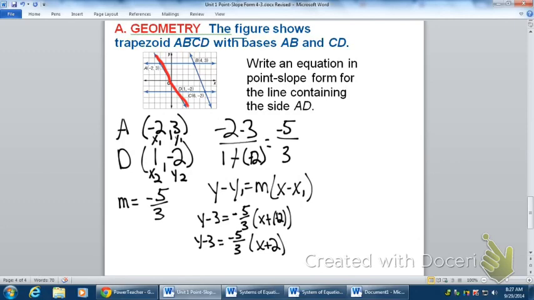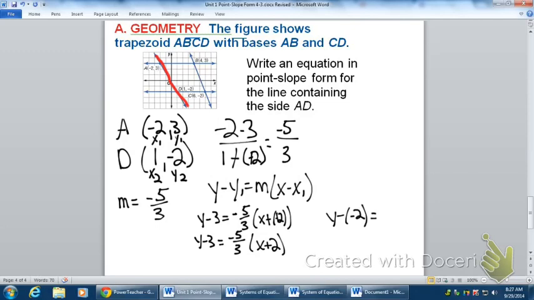I used the point A, and I used our slope. Remember, point slope form. Now, if you wanted to use point D, all you would have to do is substitute your values in. Same thing we just did. So I'm going to do y minus, our D value is negative 2.